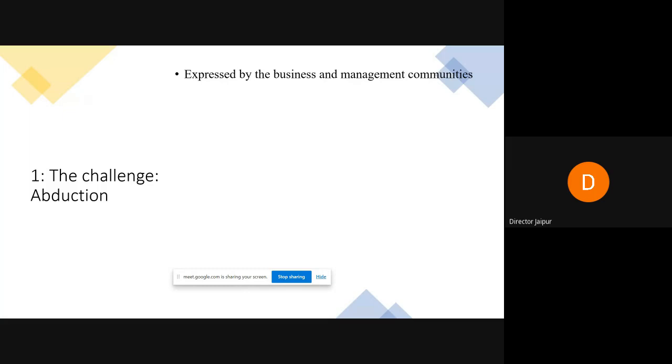Now, what is abduction actually? From here onwards, as I said, we'll be discussing the frame. What is the frame, and what are the ideas? Actually, there are two basic ideas, which are deduction and induction, and then this third one is abduction, which comes into the picture.